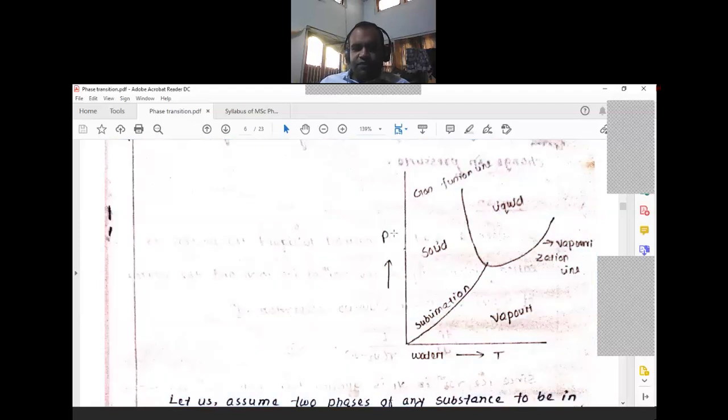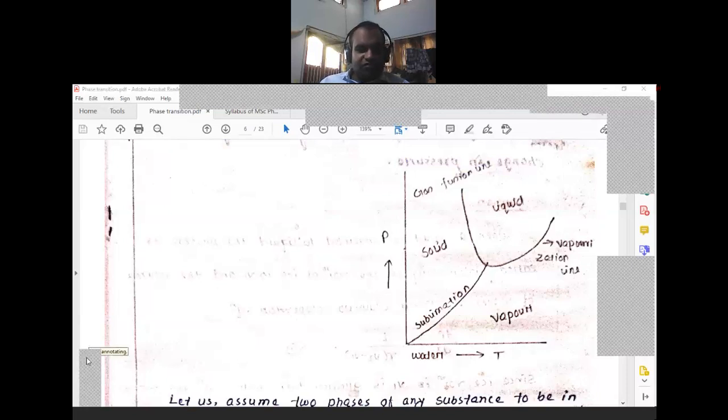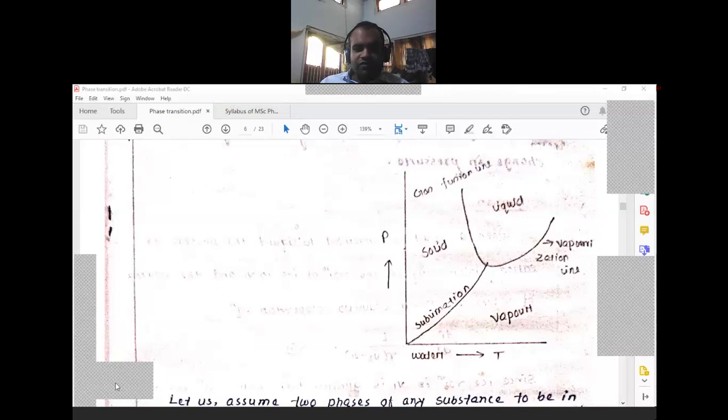Let me remove the annotation because I want to go back to the previous plot. Now let us come to this plot, with P along the y-axis and temperature along the x-axis.